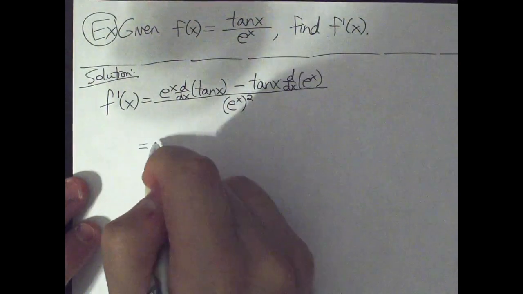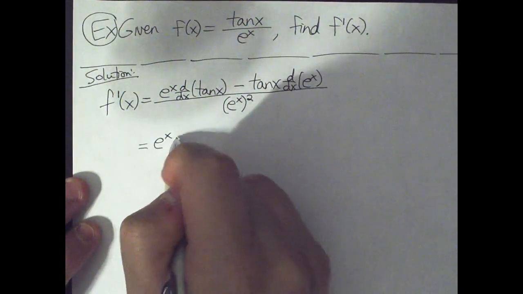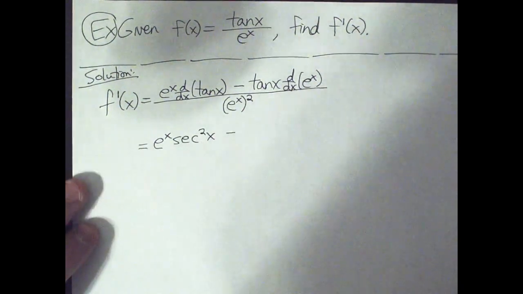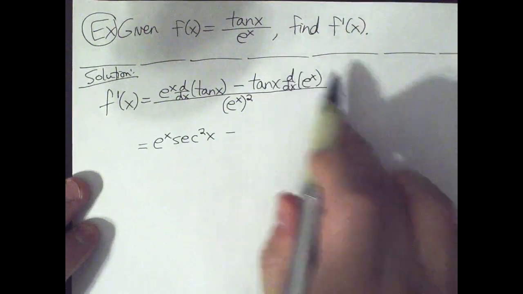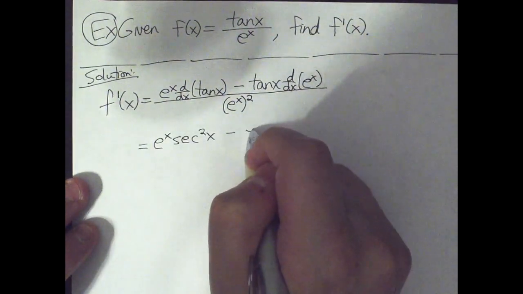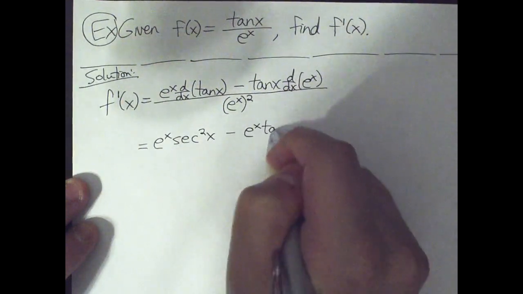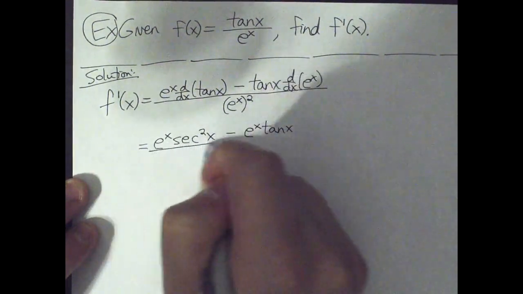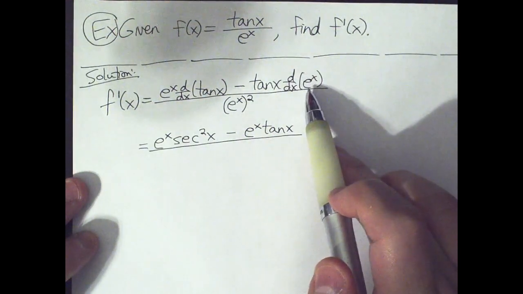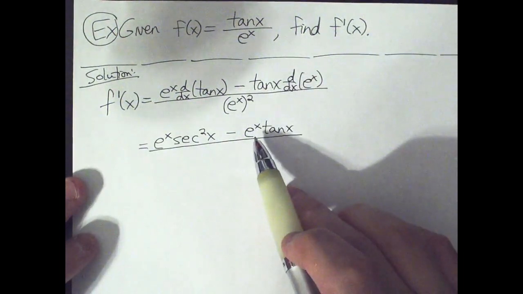It's not going to be that bad. We know the derivative of tangent x is secant squared x minus, what do we have for this thing here? I mean, the derivative of e to the x is just itself. Let's put that to the left of tangent. So, it was to the right, but when I took the derivative, I prefer to move it in front.